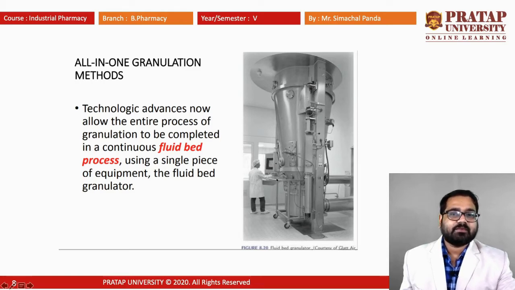Whenever they get some flow of air, they will just go on flowing along with the velocity of the air. So that's why it behaves as a fluid, and inside that a chamber is present. That's why it is known as the fluidized bed dryer. Technological advances now allow the entire process of granulation to be completed in a continuous fluid bed process.